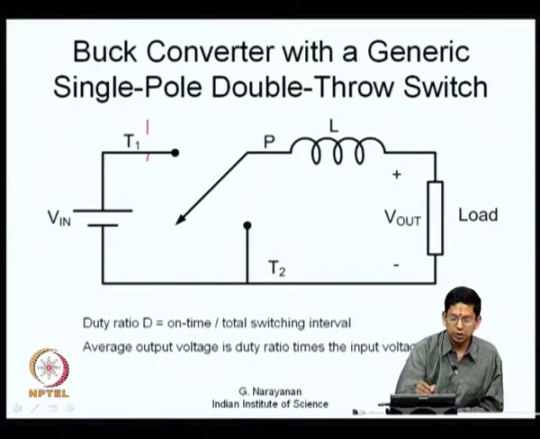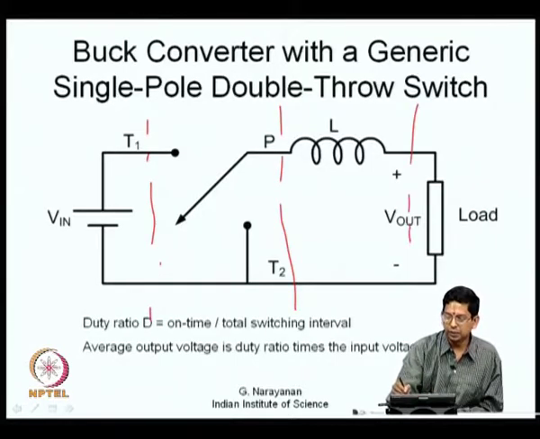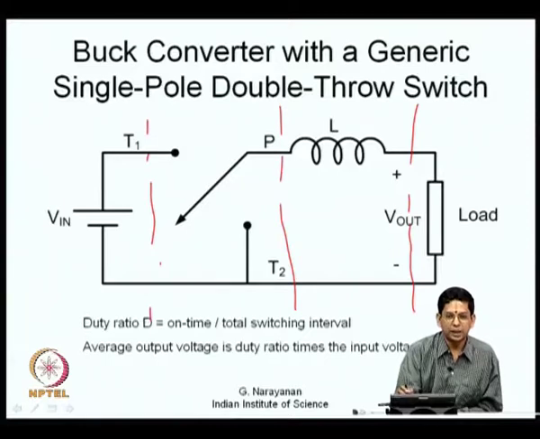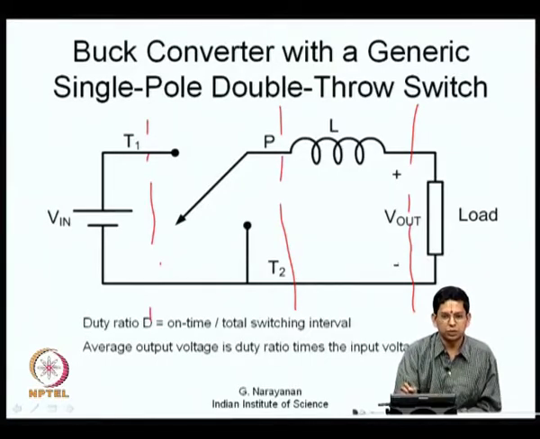So, this is the switching network we are looking at, and this part is the filter. Of course, in the filter I have ignored the capacitance C, which may or may not be there. In applications such as power supplies, it is typical that the capacitance is there, whereas in certain applications such as DC drive, you might not need a capacitance here now.